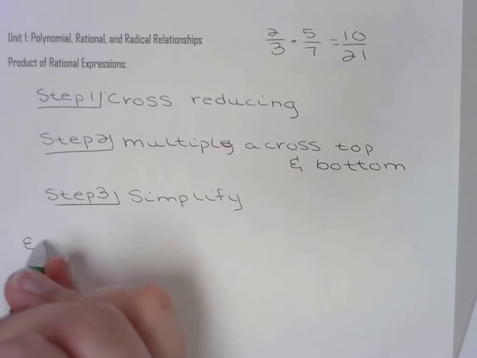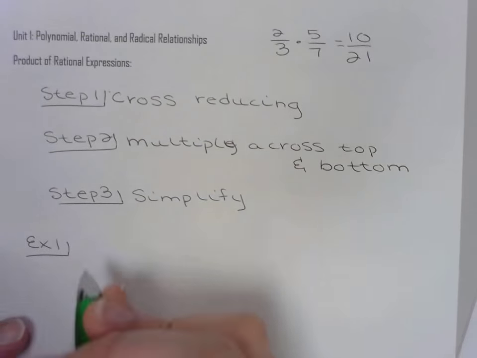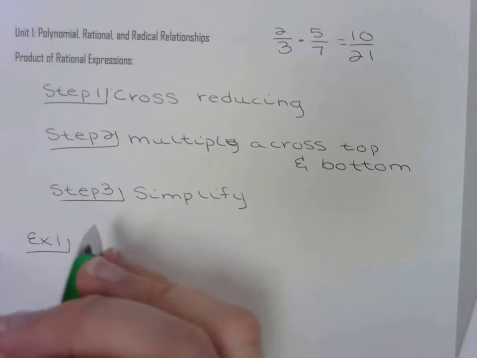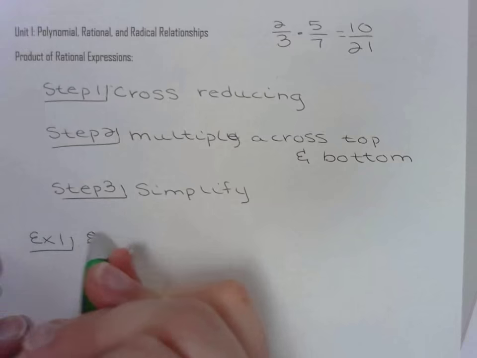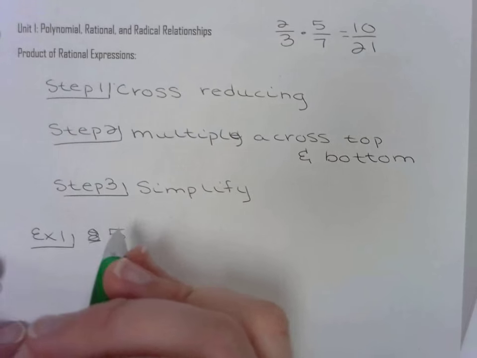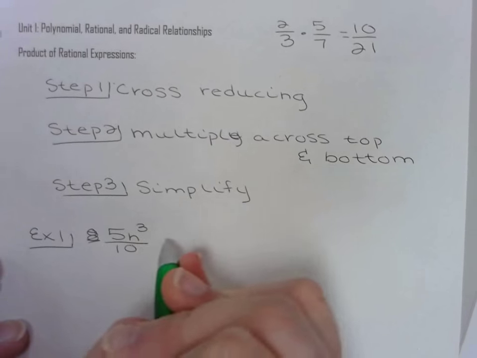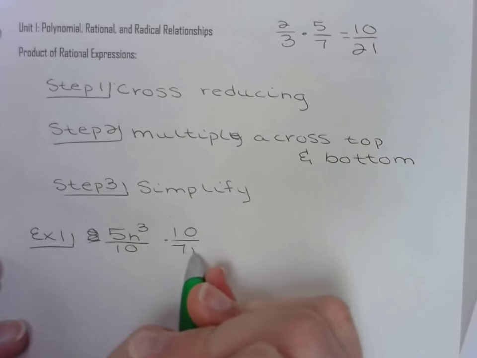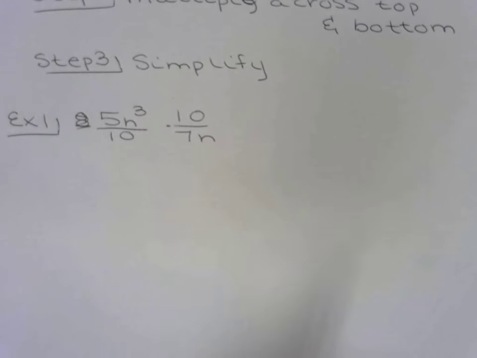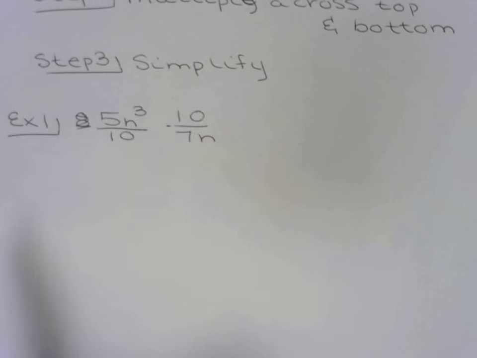Okay, let's look at a couple examples. Let's look at one like this. 5n cubed over 10 times 10 over 7n. We are multiplying, because I have the big dot in the middle, we're multiplying rational expressions, multiplying fractions with variables.